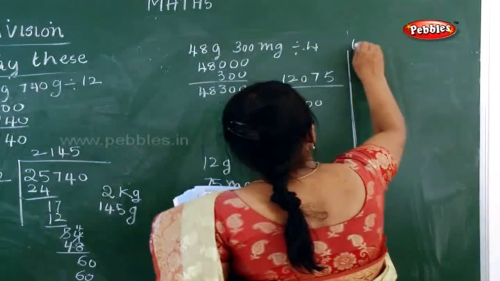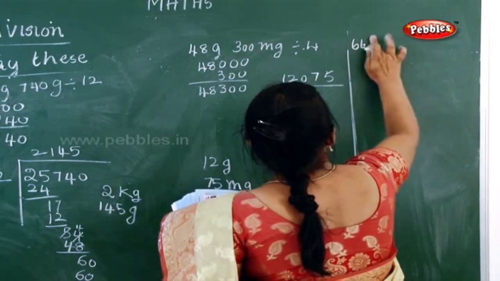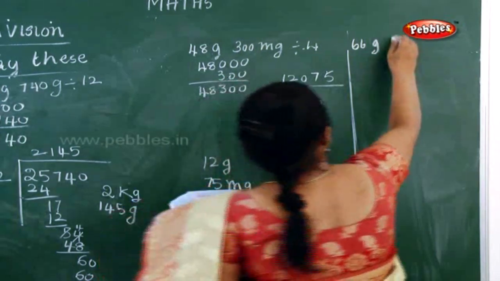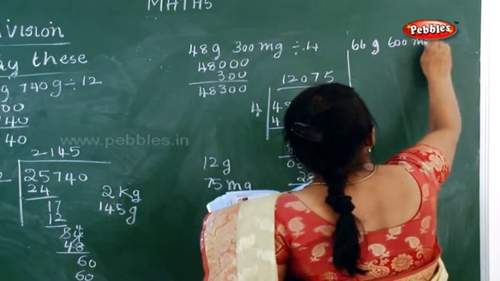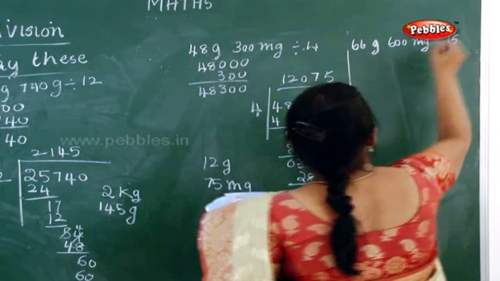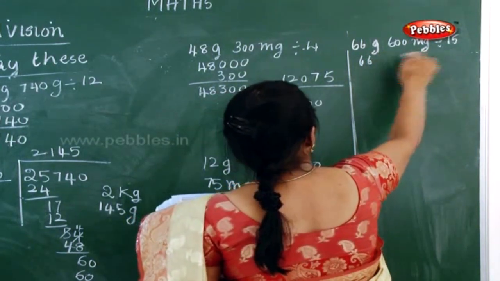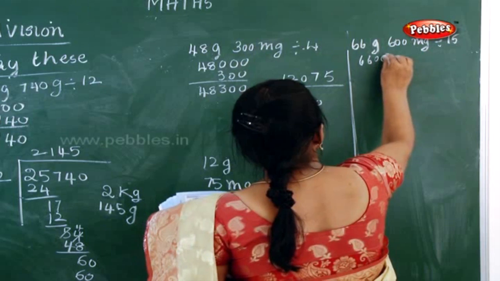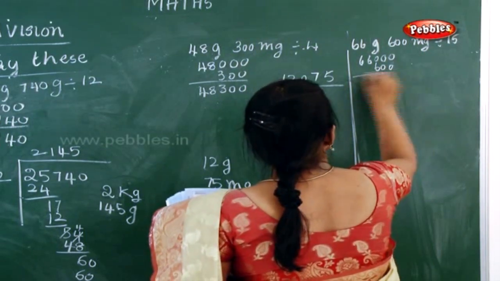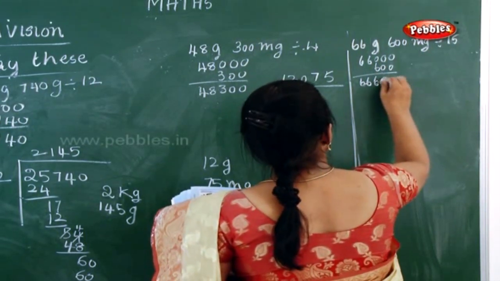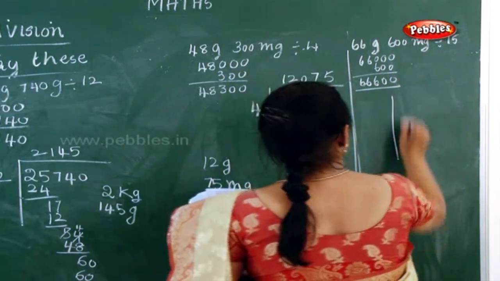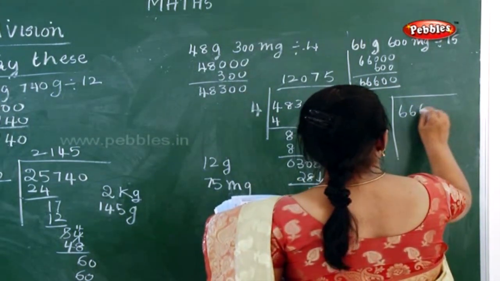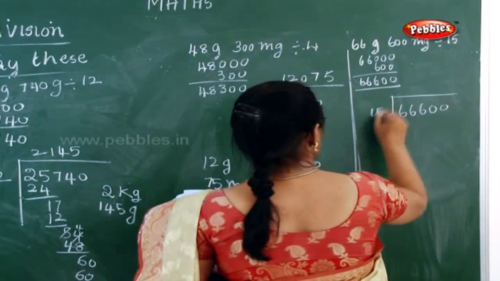See next is sum 66 gram and 600 mg divided by 15. Now you have to convert, when you are converting gram into mg, 66,000 plus 600. Now you will have 66600. Now this one you have to divide it by 15.